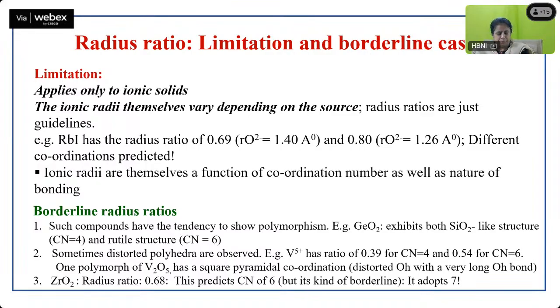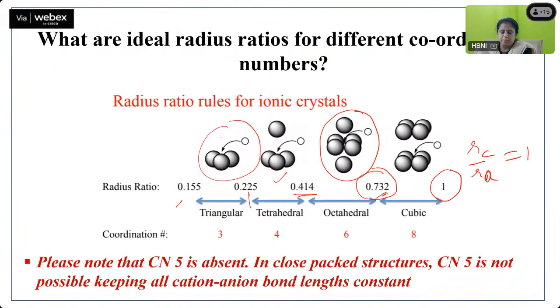What about the borderline cases? We talked about these radius ratios: 0.155, 0.225, 0.414, 0.732. What happens if your radius ratio is, let's say, 0.42 or 0.43 or 0.40 or 0.39?